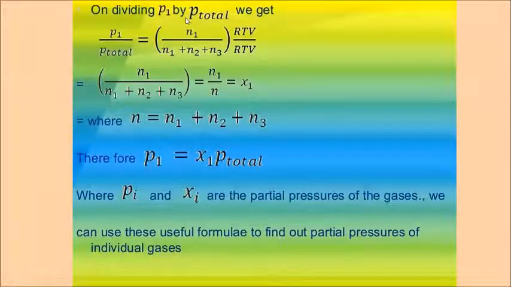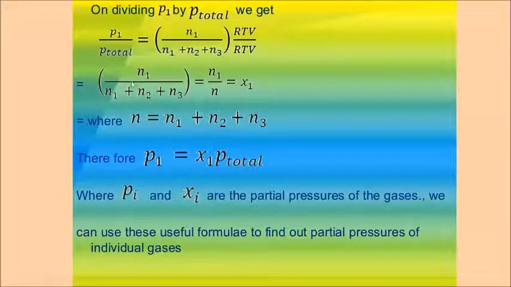On dividing P1 by P total, we get P1 is N1 RT by V, and P total is N1 plus N2 plus N3 into RT by V. Substituting the values, RT by V and RT by V get cancelled.